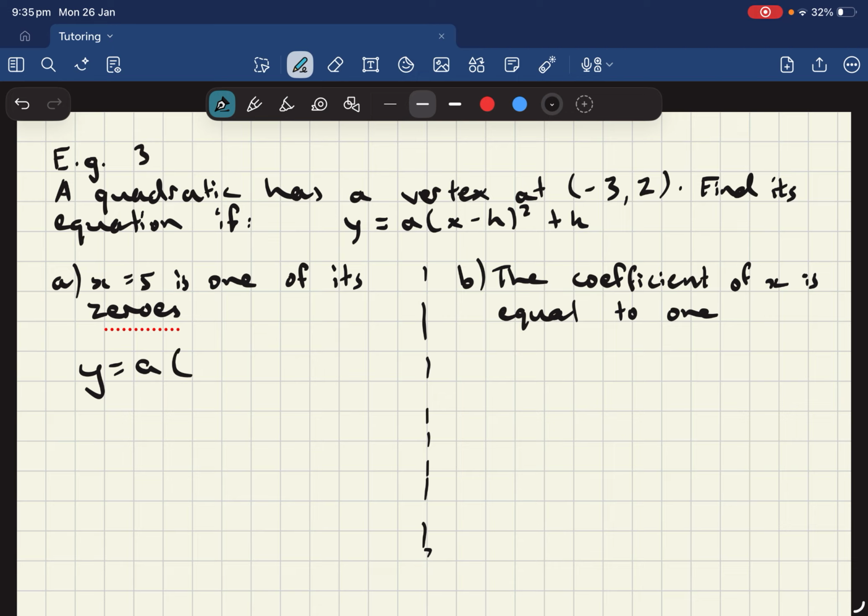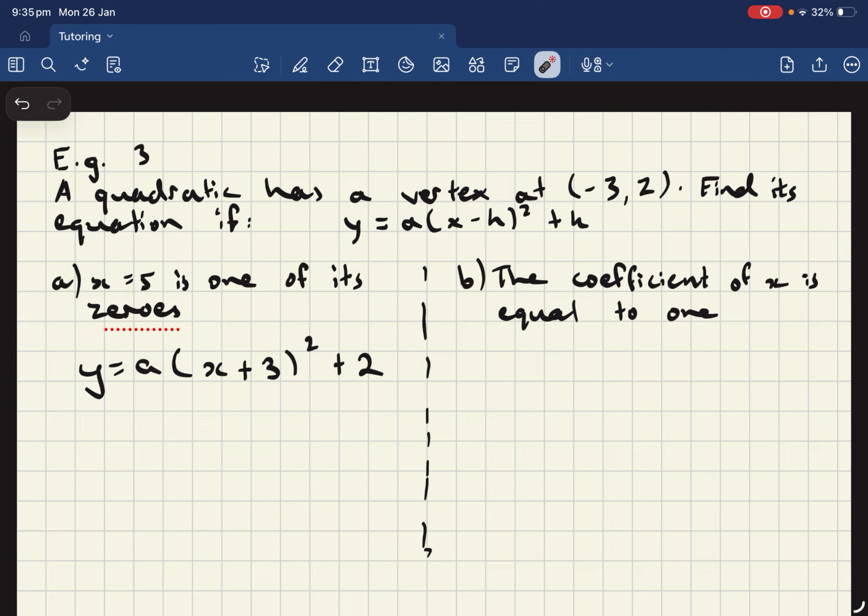But based on knowing what the vertex is, I can write in these bits here. So that's my x-coordinate, and the y-coordinate I add to the very end. So this is the general family of parabola that this one will take on.